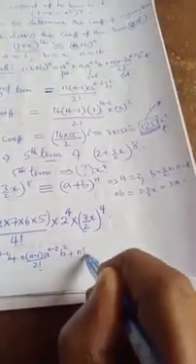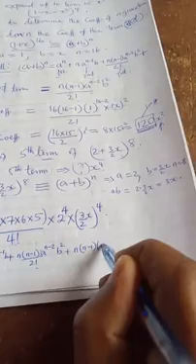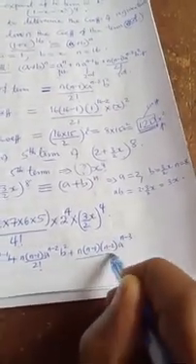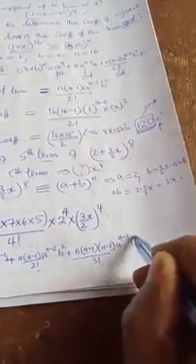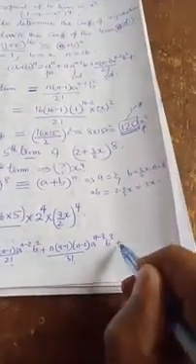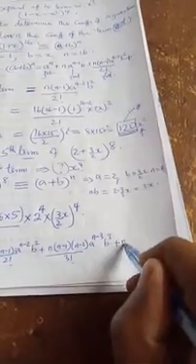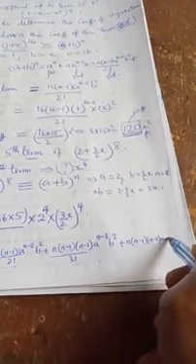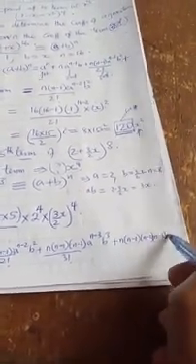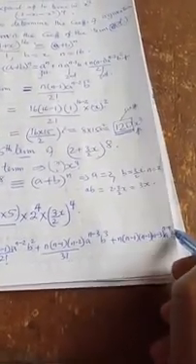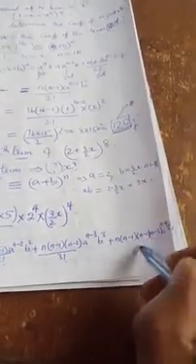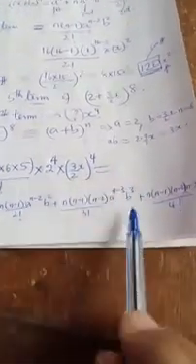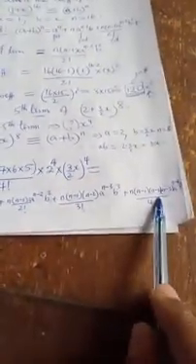The next term you go again, this into this, a will be, you take away 3 over 3 factorial, and you have b cubed. And the next term, which is what we are using, would be n into n minus 1 into n minus 2 into n minus 3, a to the power n minus 4, b to the power 4 over 4 factorial.